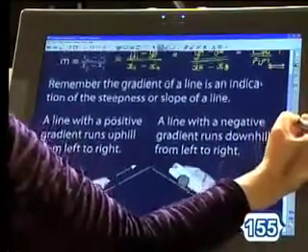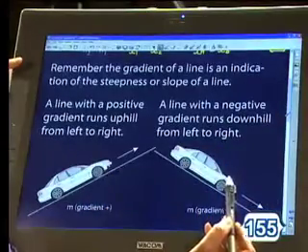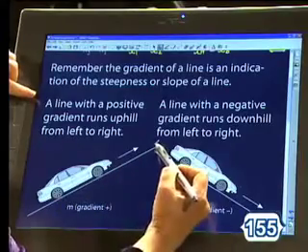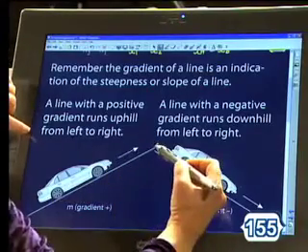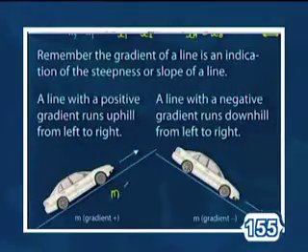So this beautiful picture here shows us very clearly what we should know from last year, that a line with a positive gradient runs uphill from left to right. So this is when our gradient is any number greater than 0.